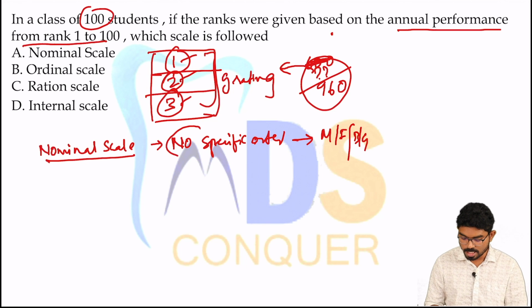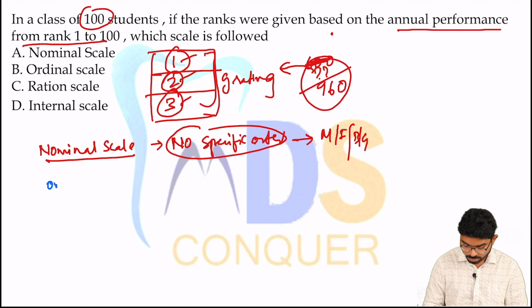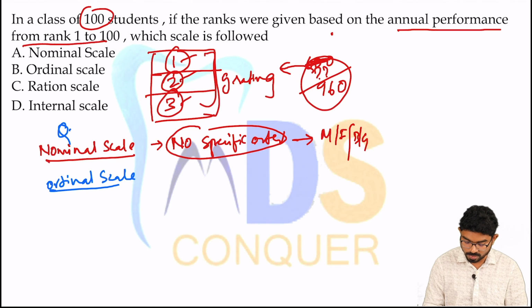They don't have a specific order. The second one is ordinal. Ordinal is also qualitative. Nominal is qualitative, ordinal is also qualitative, but this has a specific order.